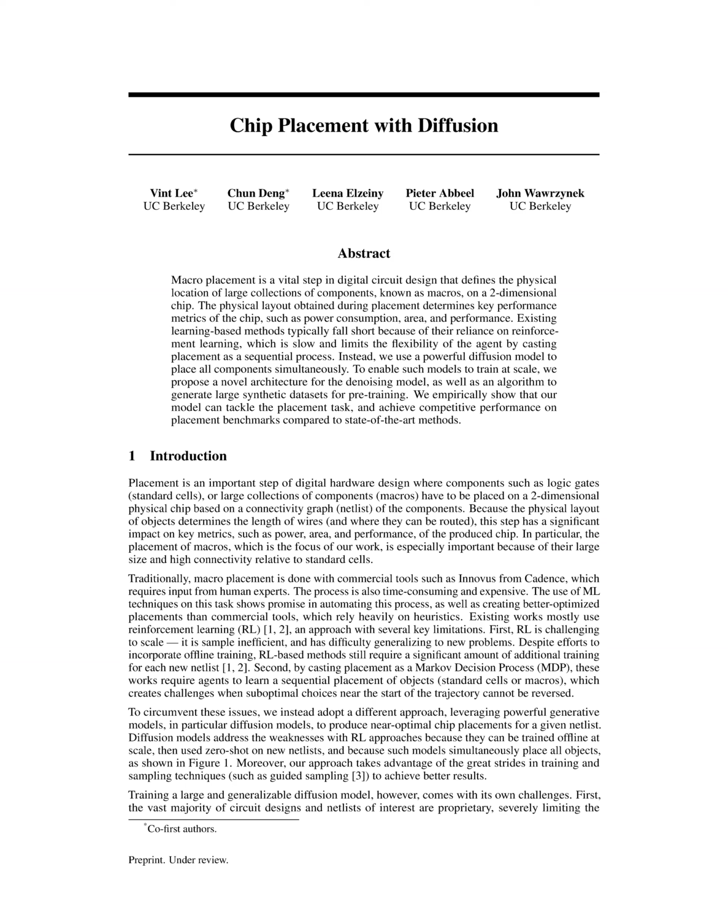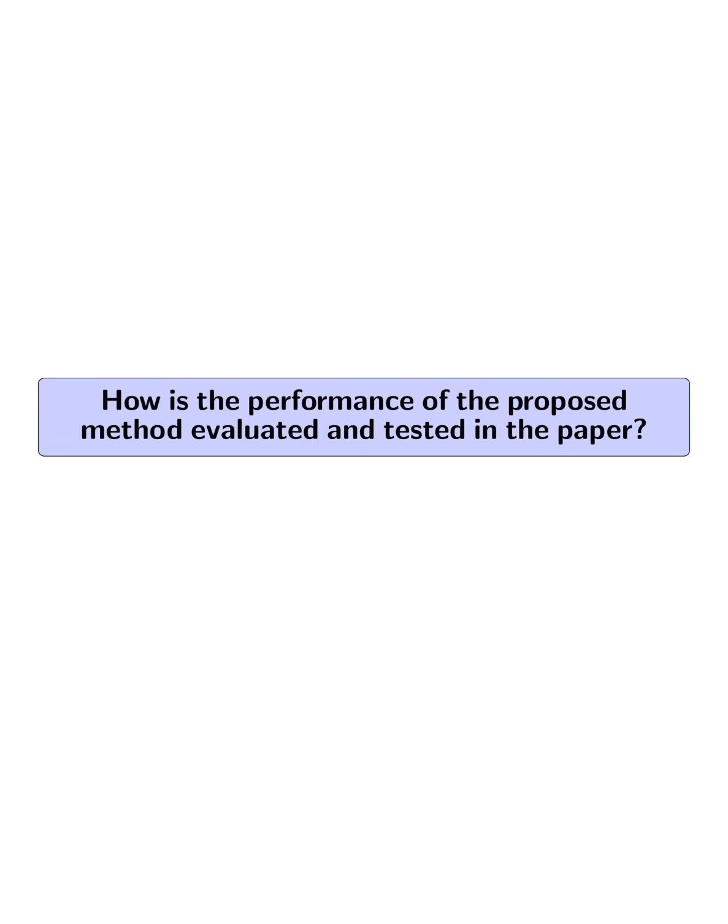The use of diffusion models, as described in the paper, allows for efficient and scalable placement of macros on a chip, leading to improved metrics such as power, area, and performance without the need for extensive human input or costly commercial tools. How is the performance of the proposed method evaluated and tested in the paper?